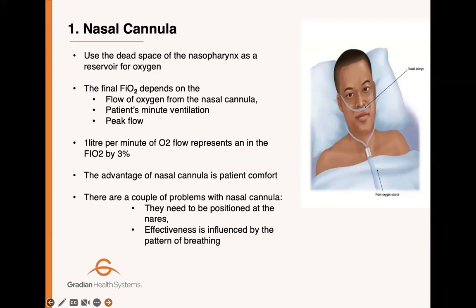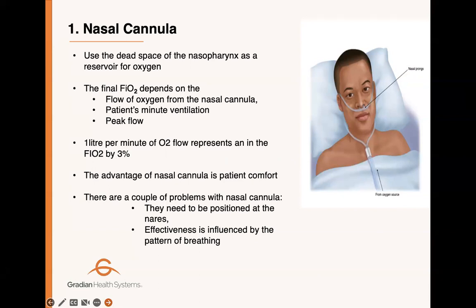So we start with the nasal cannula. We use it most of the time in the wards, emergency department, and sometimes in the high dependence unit. It uses the dead space of the nasopharynx as a reservoir for oxygen. So the final fraction of inspired oxygen depends on the flow of oxygen from the nasal cannula, the patient's minute ventilation, and the peak flow.